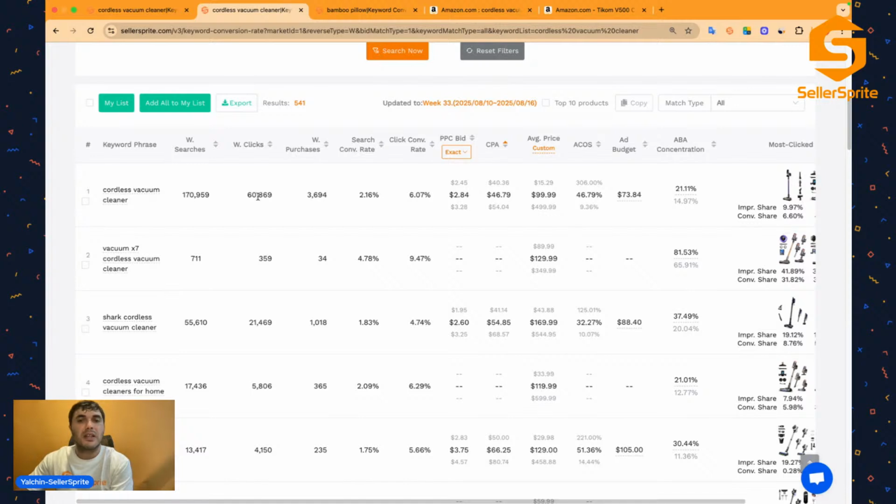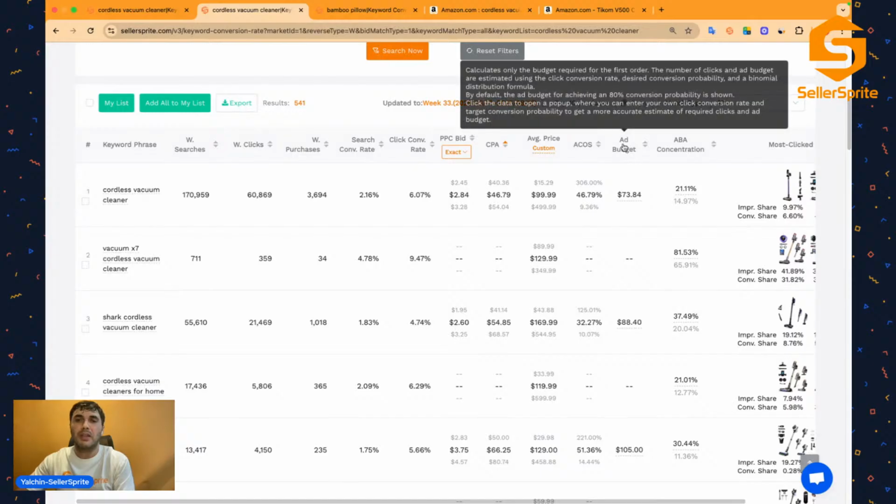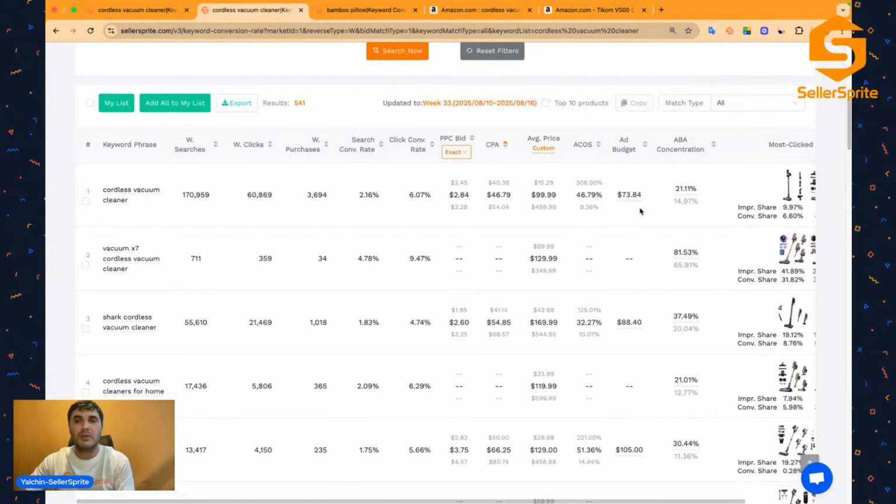So what amount of money daily is needed to generate the 600 clicks? 600 clicks weekly divided by 7 is about 80 clicks per day. And you need to spend this amount of money on organic plus advertising to generate this amount of clicks.